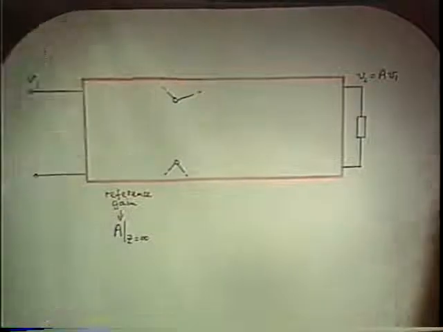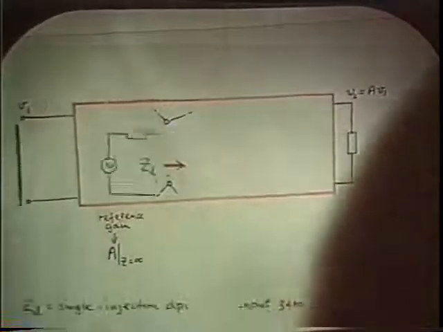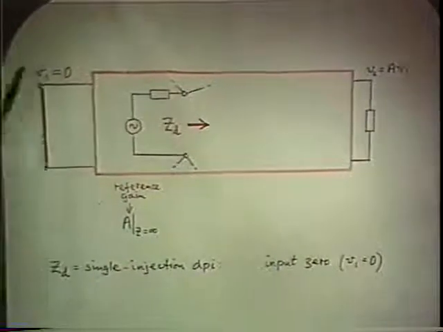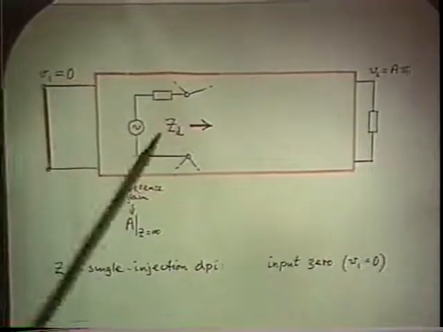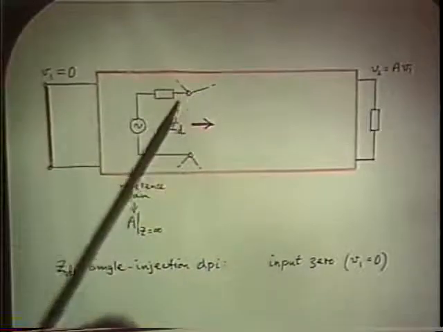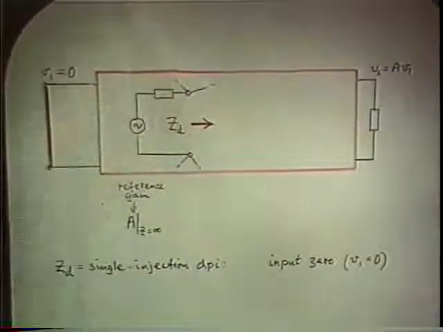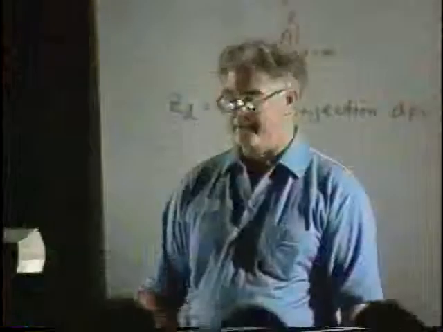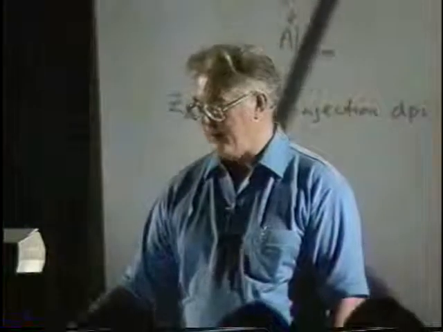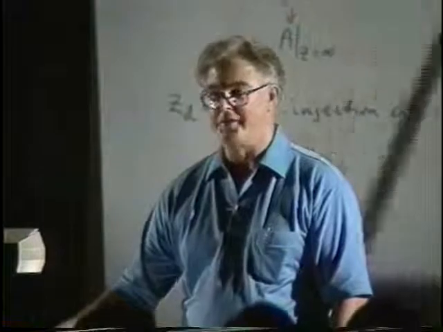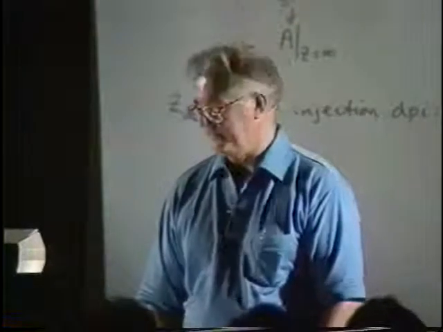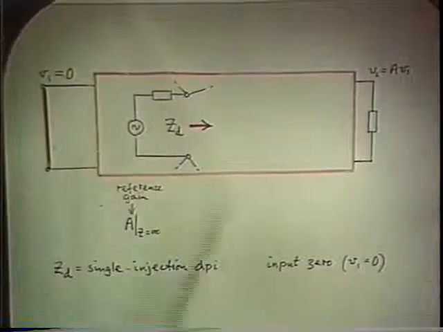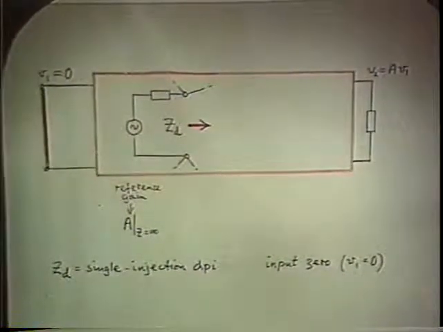There's your original model. Here's how you calculate ZD. You make the original input 0. You apply an independent test source at the place where the extra element is to be placed. But it isn't there yet. And you calculate the impedance looking into the system at that point. That's what ZD is.